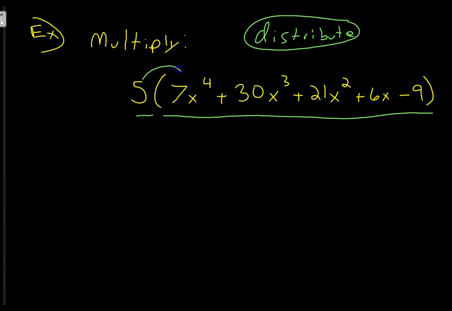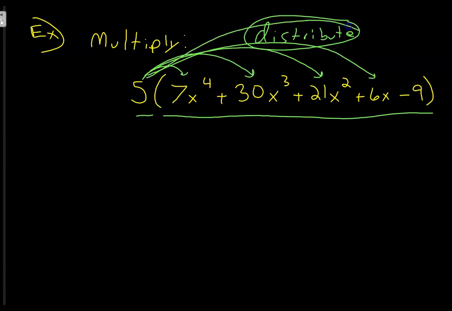So I'm going to multiply 5 times the first term. First term is 7x to the fourth. And then the plus sign comes up, so multiply 5 to the next term. Next term is 30x to the third. Multiply 5 to the next term, which is 21x squared, then 5 to the next term, which is 6x, and 5 to the last term, which is negative 9.